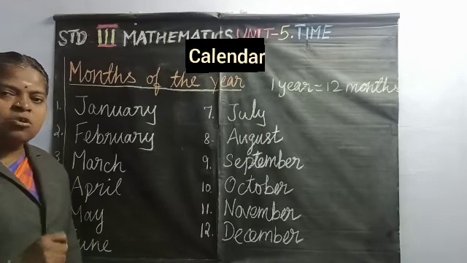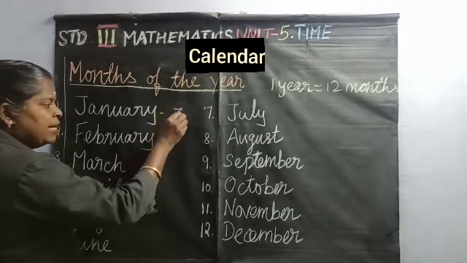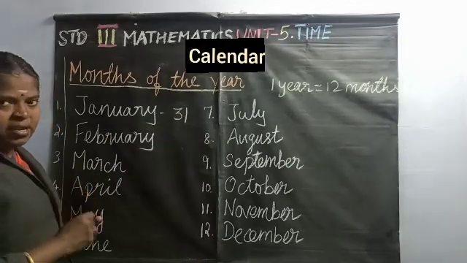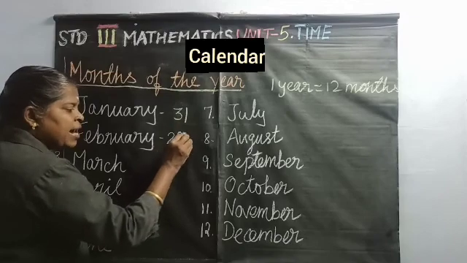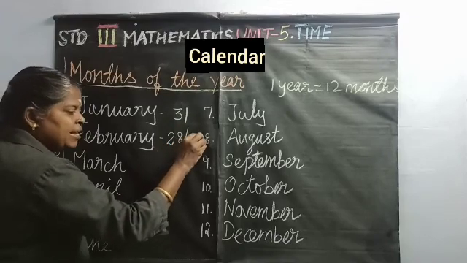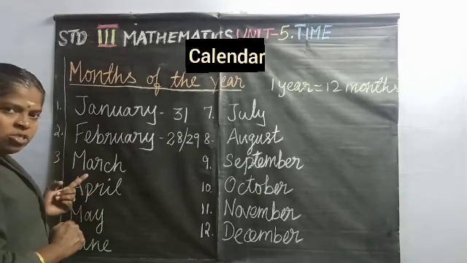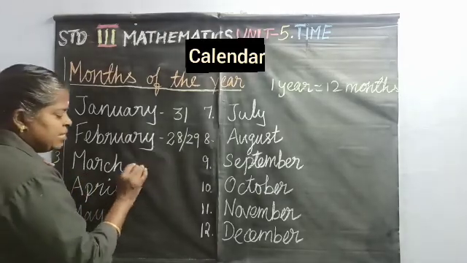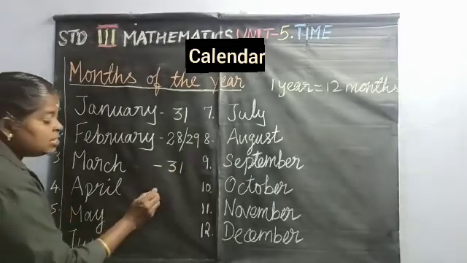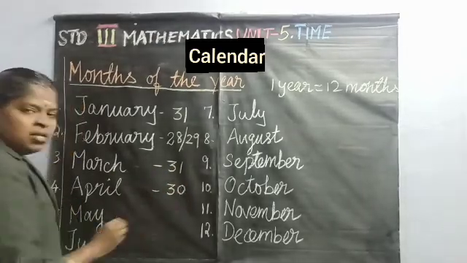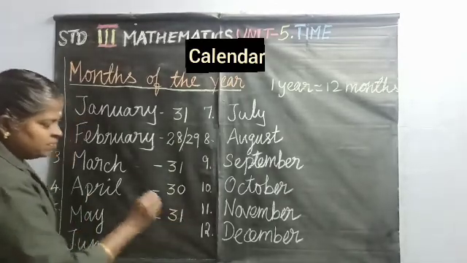How many days are there in January? January has 31 days. February has 28 days. In leap year, it has 29 days. In March, 31 days. April, 30 days. May, 31 days.